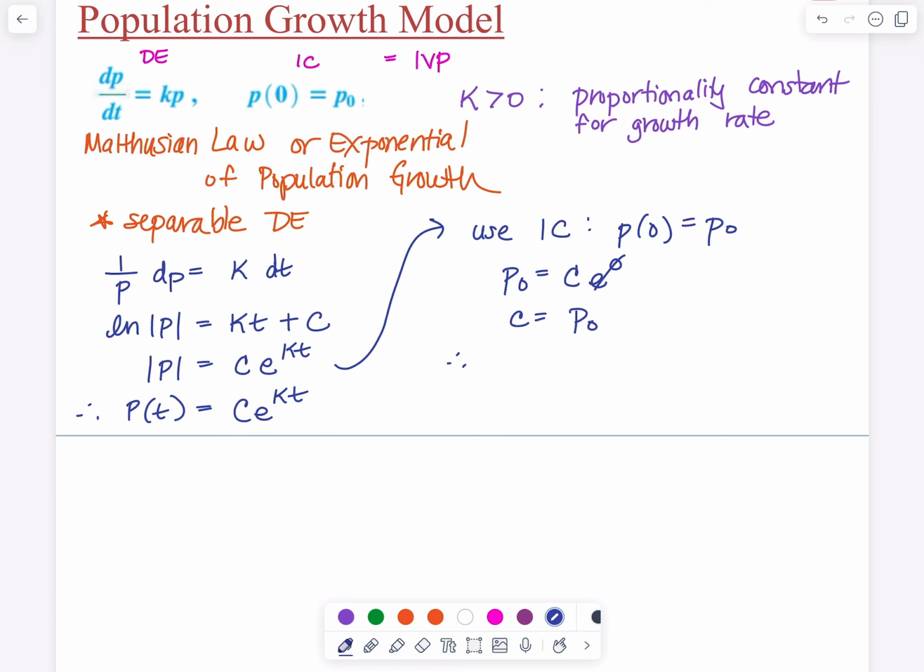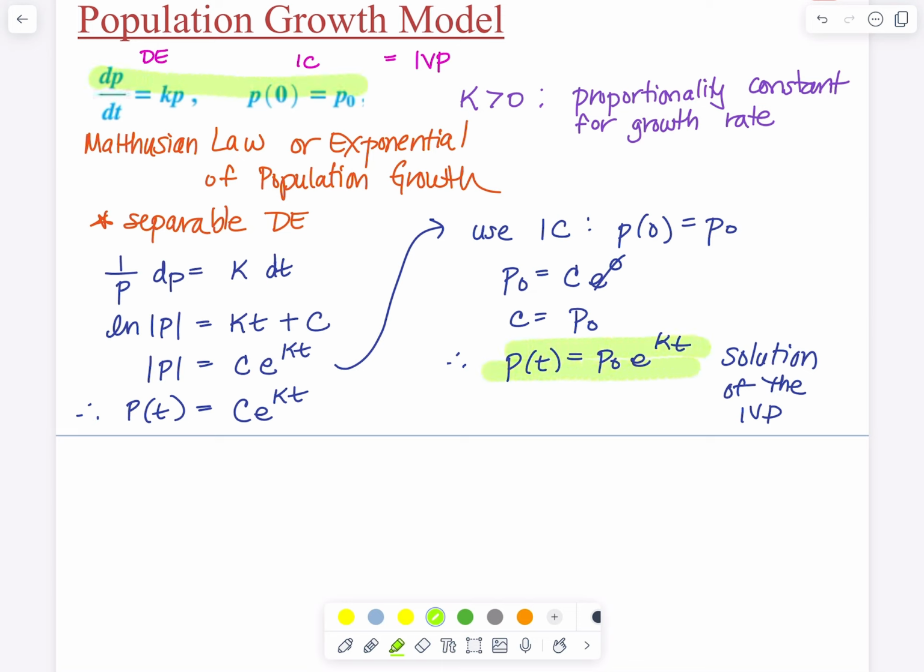Therefore, P of t is equal to P naught e to the kt, and this is the solution of the IVP. That is how we solve this initial value problem.